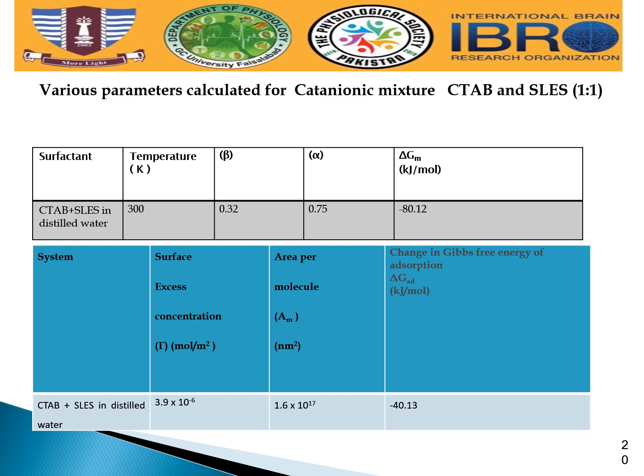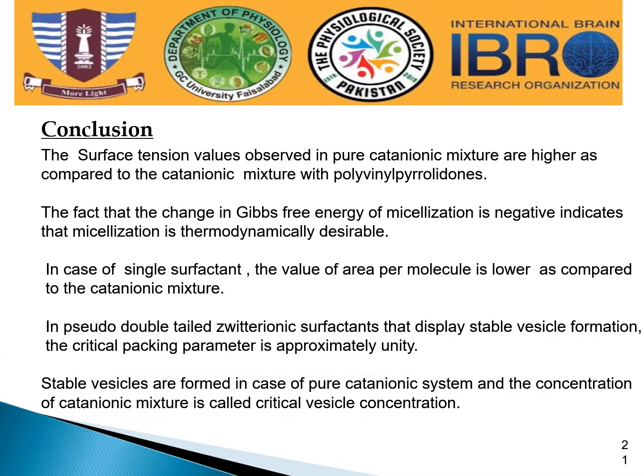Similarly, these parameters are also calculated for the cationic mixtures, and the negative values show that the process is favorable. Conclusion: the surface tension values observed in the pure cationic mixture are higher compared to the cationic mixture with polyvinylpyrrolidone. The fact that the change in Gibbs energy of micellization is negative indicates that micellization is thermodynamically desirable.